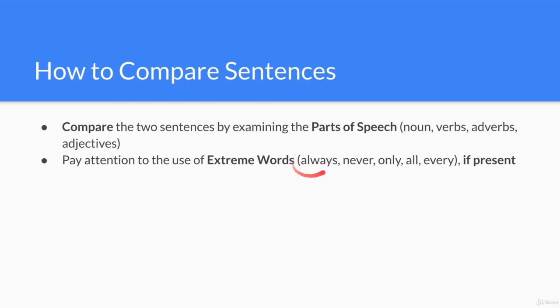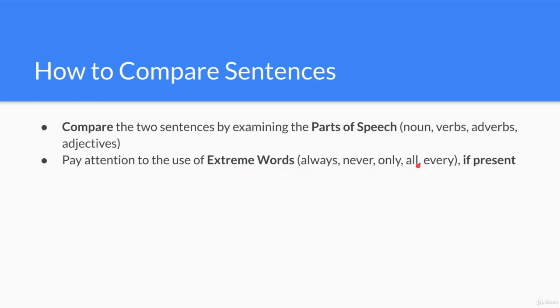It's an extreme word to use. If I told you that I've tried every type of food, do you believe that? It's not possible for me to try every type of food. I may have tried many different types of food, but not every. That's an extreme word as well. So that's what we mean by extreme words.